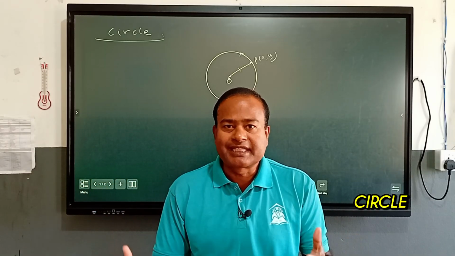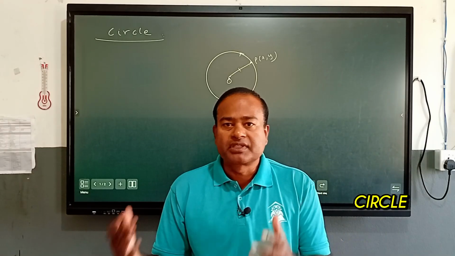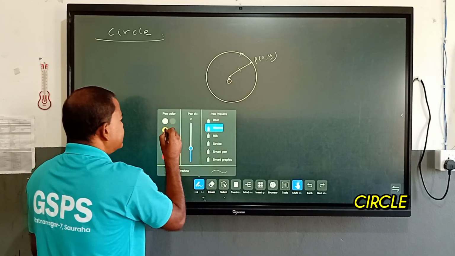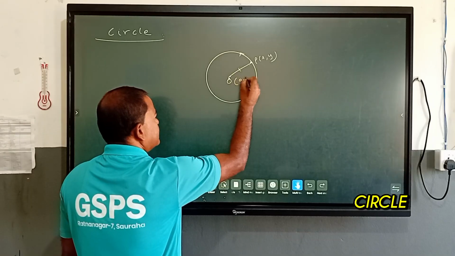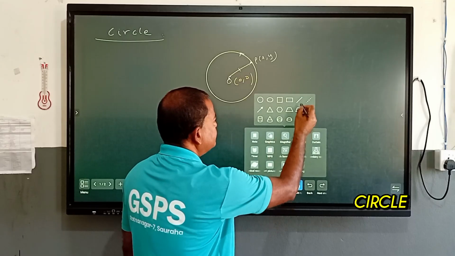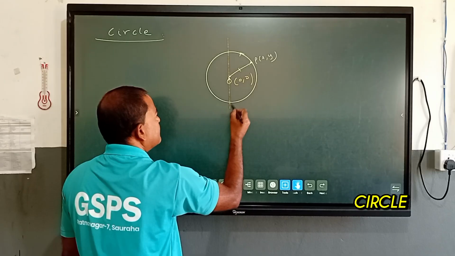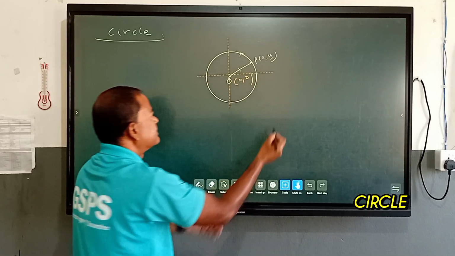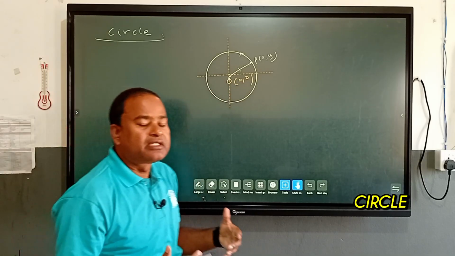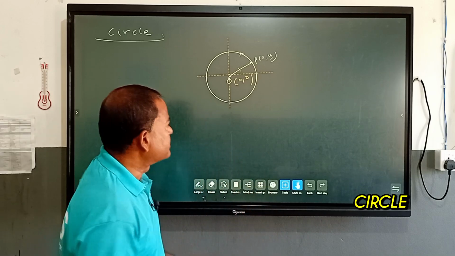When the center of the circle is at the origin, that is, at the point (0, 0), then the equation of circle is known as the standard form of the equation of circle.